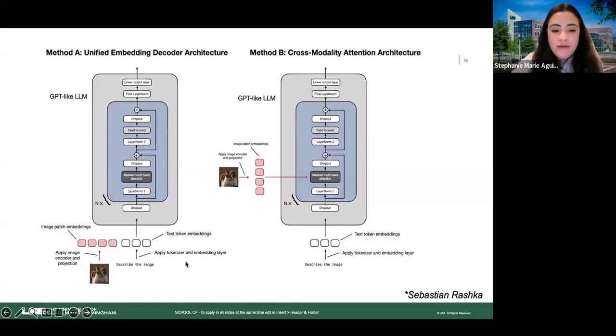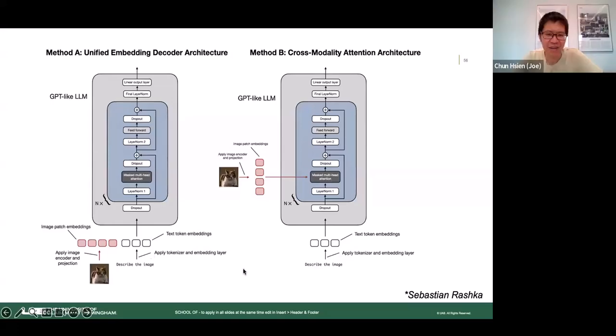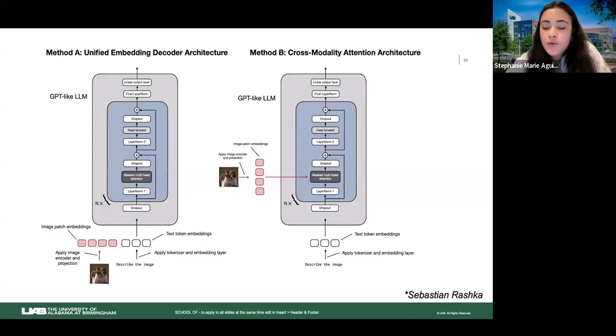You would do the same thing for describing that image. So this is a white and orange looking cat or something. And you would apply the tokenizer. Oh, Joe? Excuse me. Can you talk about how we generally encode the image so we can get the embeddings of the image? You would do it patch base.